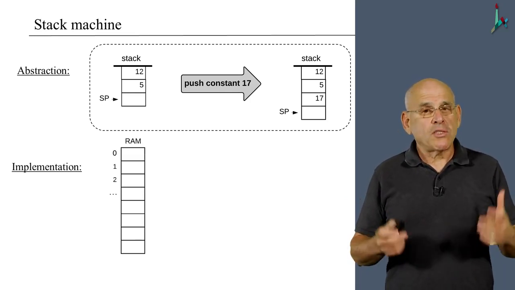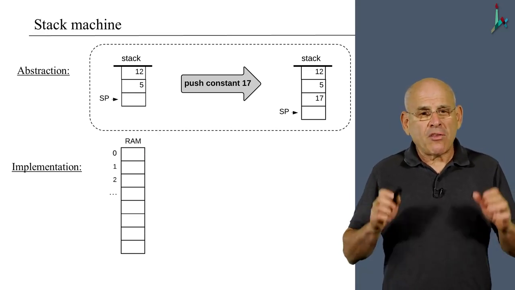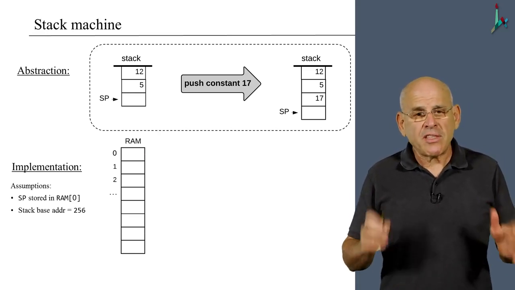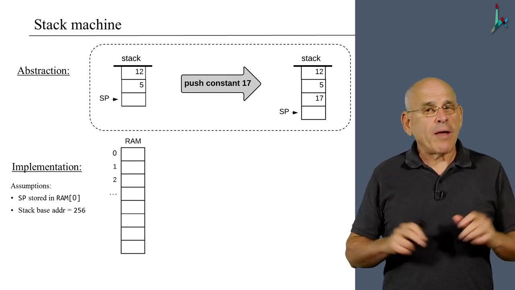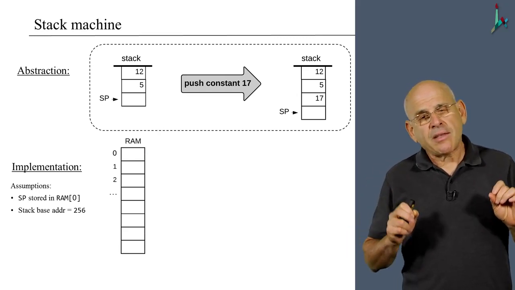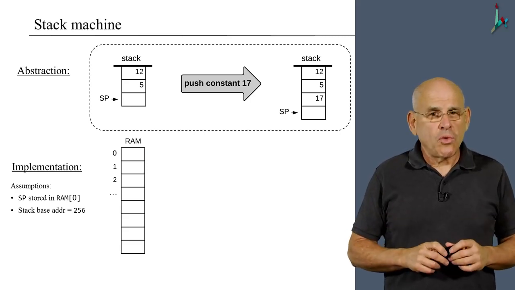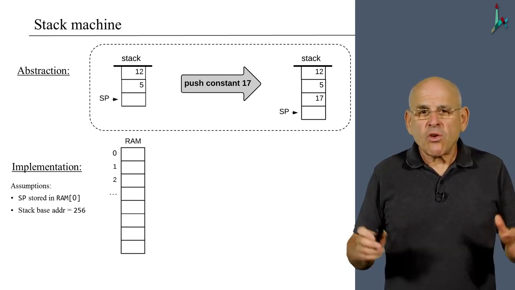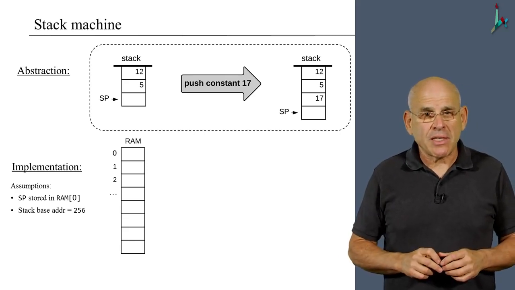So here's the host RAM that we are going to use. And we're going to make two important assumptions. First of all, the stack pointer is going to be stored in RAM[0]. And the second assumption is that the stack is going to begin in address 256, which looks like an arbitrary choice, but later on you will see that this choice actually makes sense.